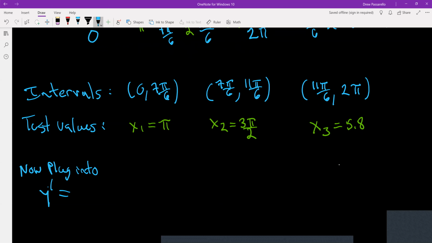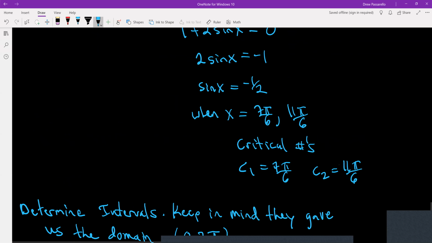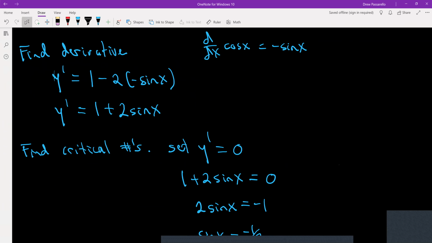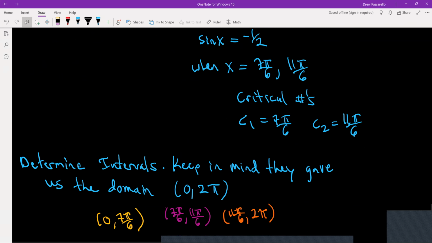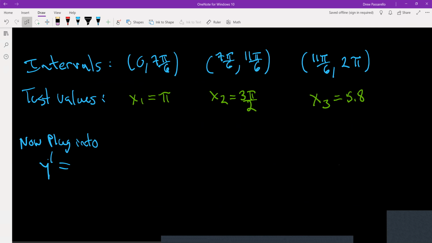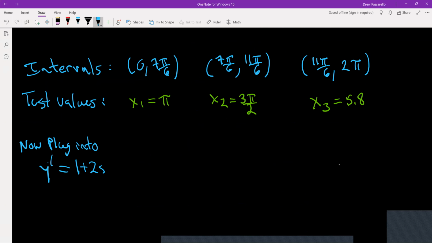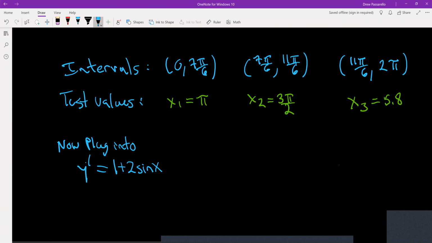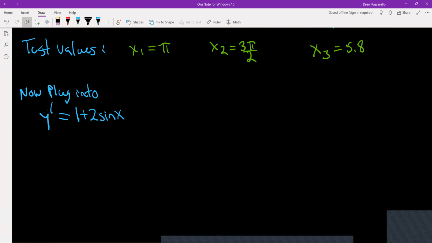And the derivative is 1 plus 2 times sine x. So if I use the first test value, pi, that's going to be y prime equal to 1 plus 2 sine of pi.